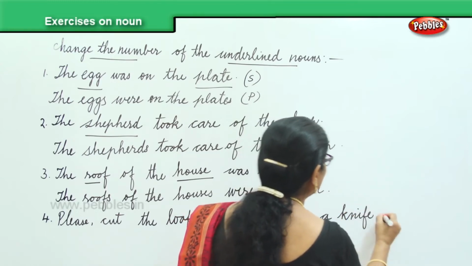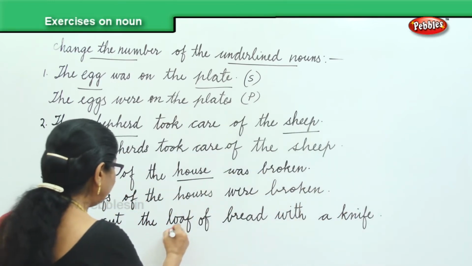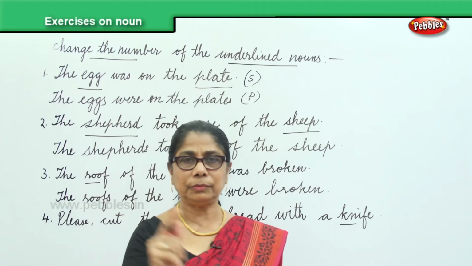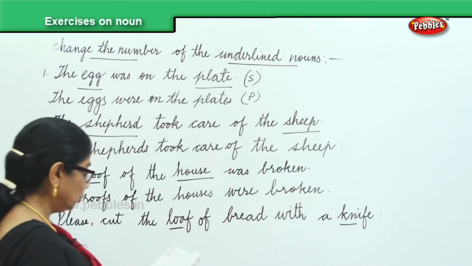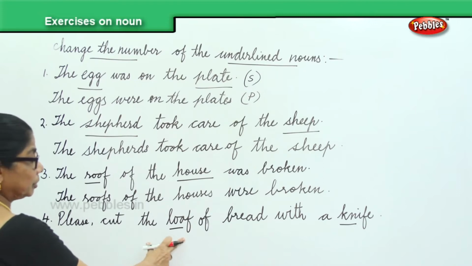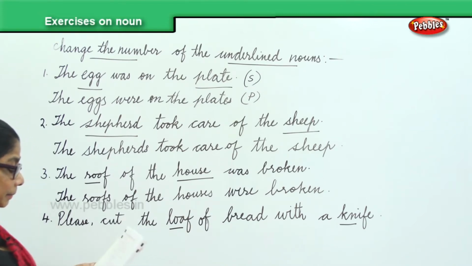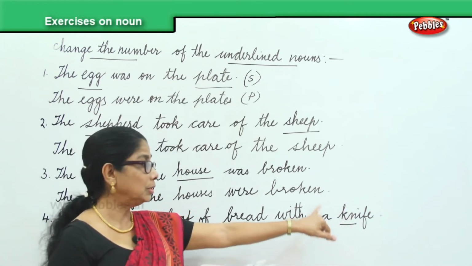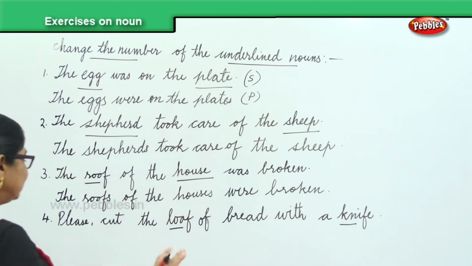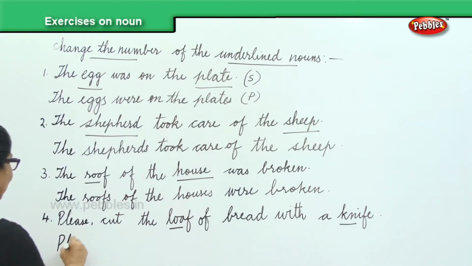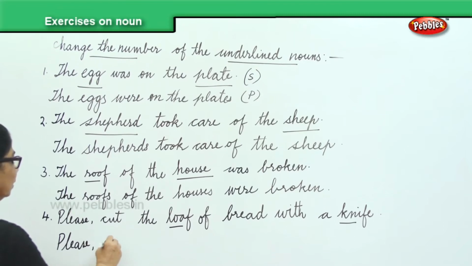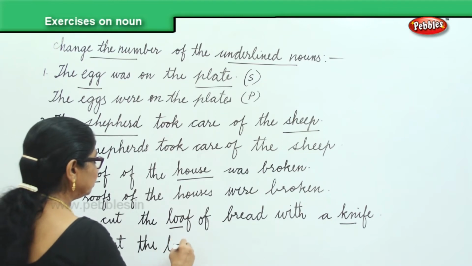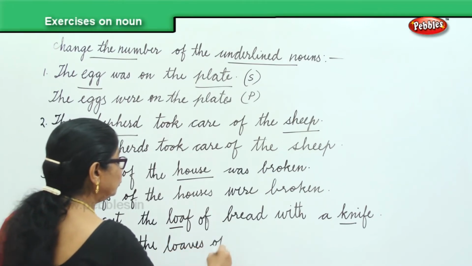And the nouns underlined here are loaf and knife. Okay? One loaf, one knife. How are you going to change it to plural? So you will say, please cut the loaves of bread with knives. How will you write? Please cut the loaves of bread with knives.